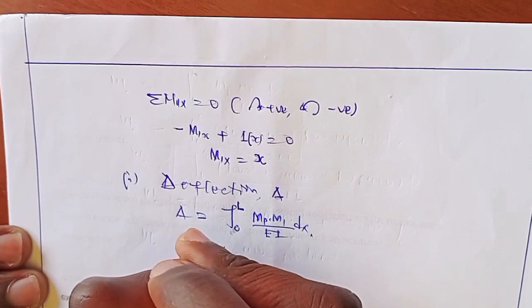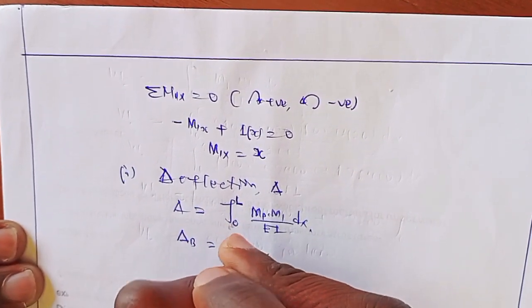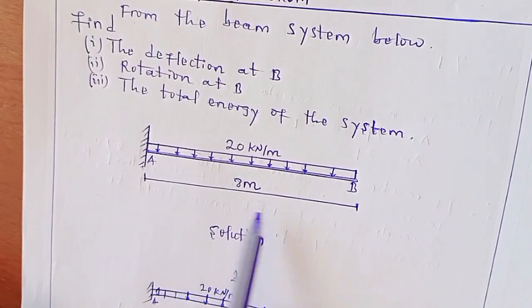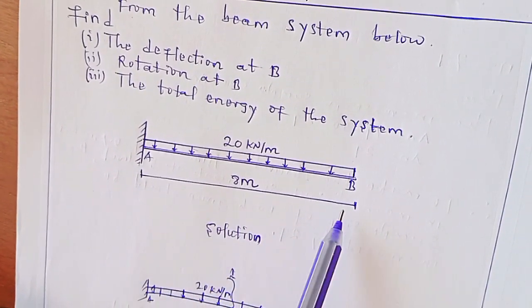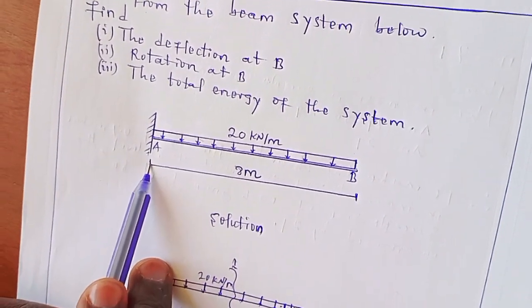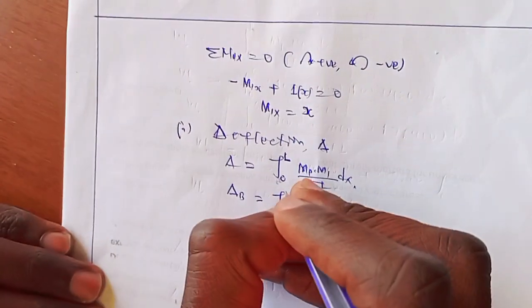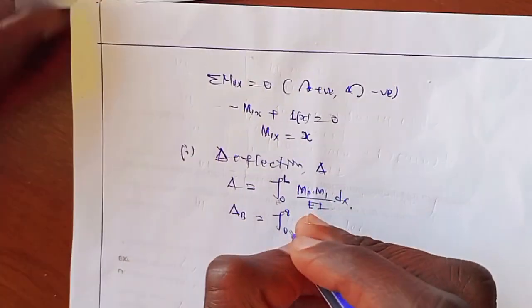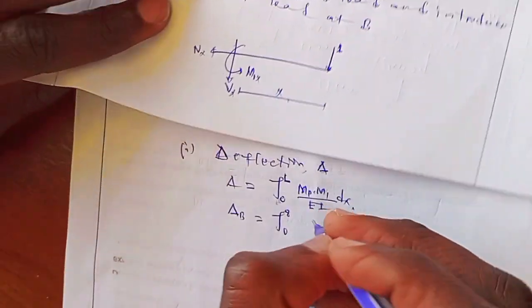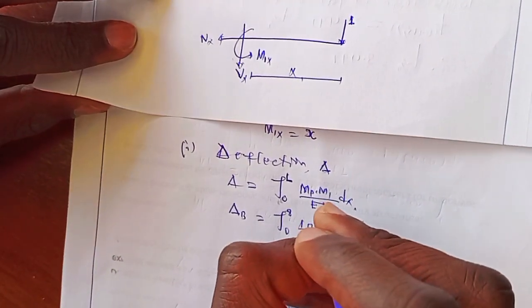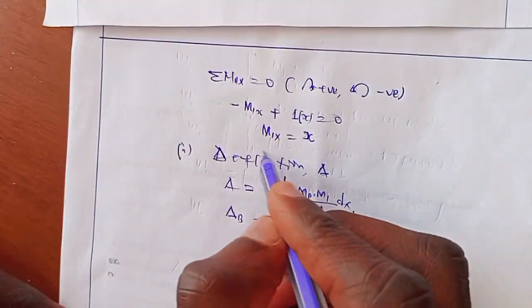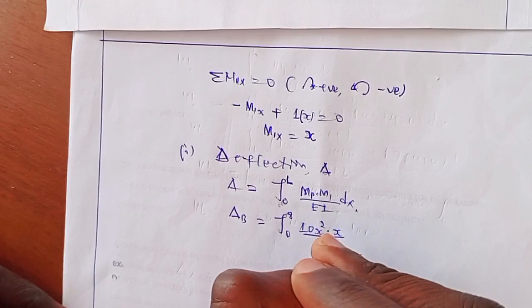So the deflection at B will be from 0 to 8. Our distance for this system is from point B to A, which is 8, so L will be 8. The moment due to applied load was 10x square, so it will be 10x square times the moment due to unit load, which is x, over EI.